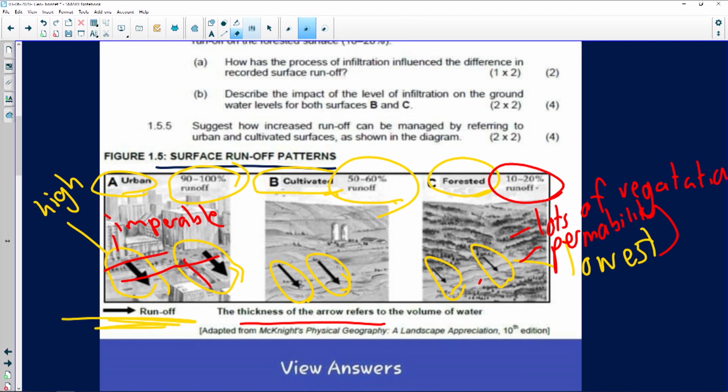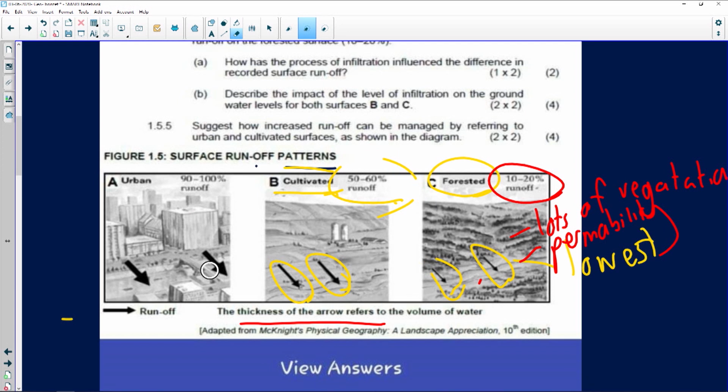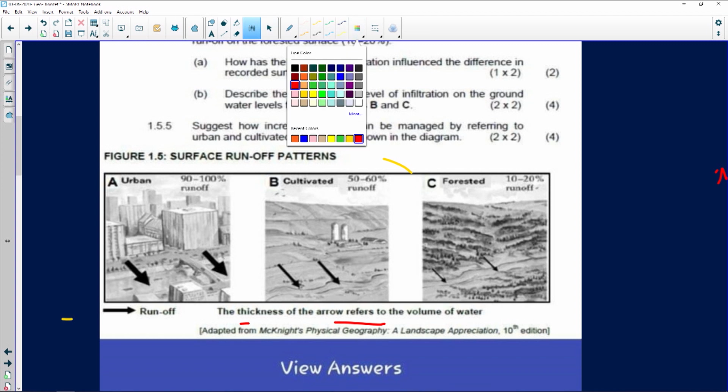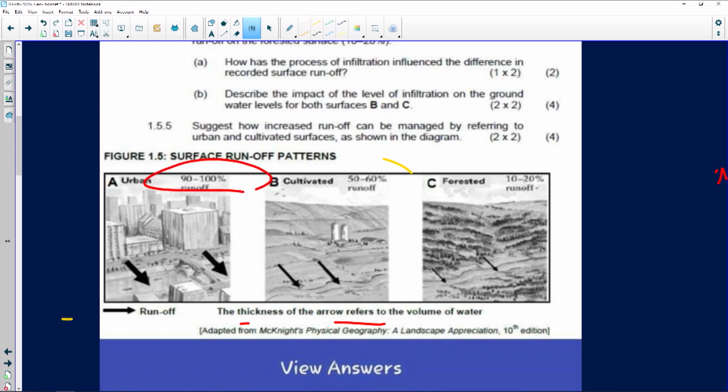Let me just quickly clean our diagram. Now, if you look at our urban area, we can see that the runoff is 90 to 100%. So there is basically no infiltration taking place in this urban area.